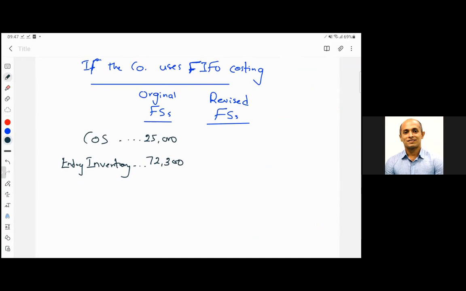In the FIFO method, you have an issue with cost of sales. The current prices go to the inventory, and the cost of sales is at last year's old prices. Then you have to adjust the cost of sales value.